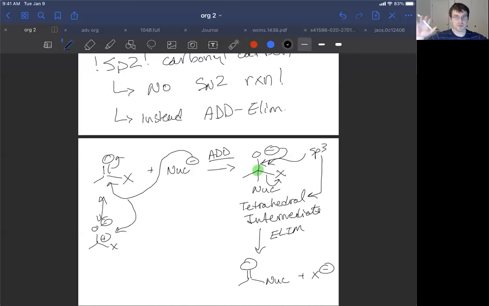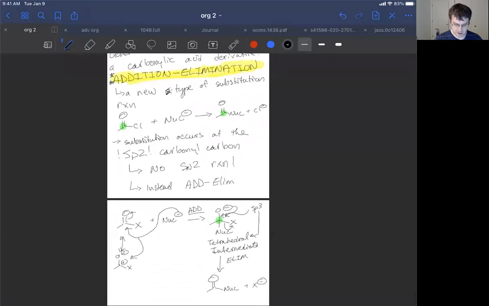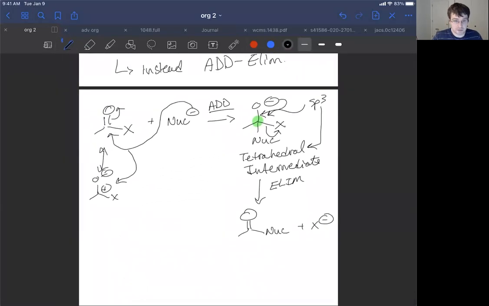So there's kind of two steps outside of the addition elimination. If you know this mechanism and you're comfortable with this mechanism, the next step is to just be able to recognize the carboxylic acids, have some idea of their order of reactivity, which I showed up here. And then you've got really all the mechanisms for the entire unit, right? So that's kind of exciting.